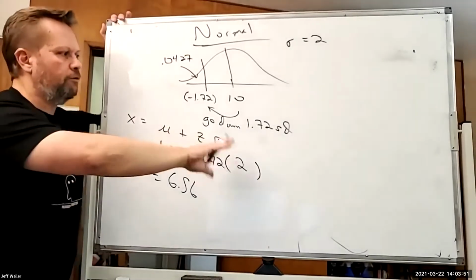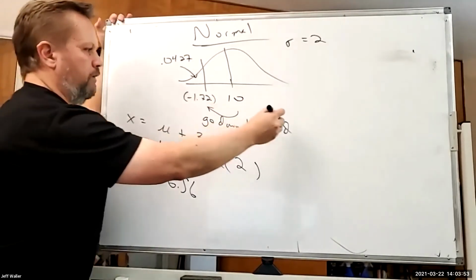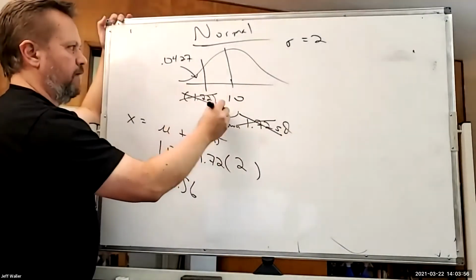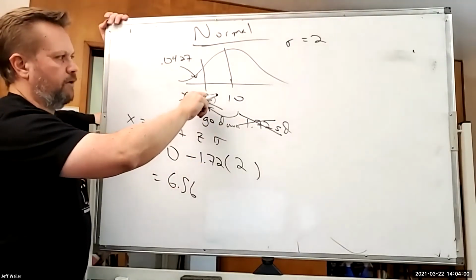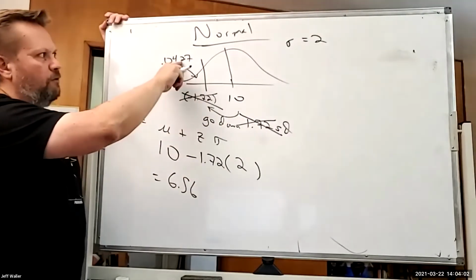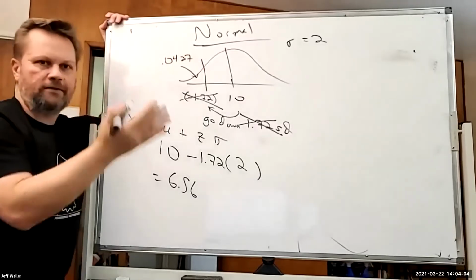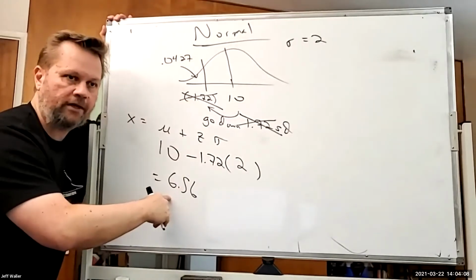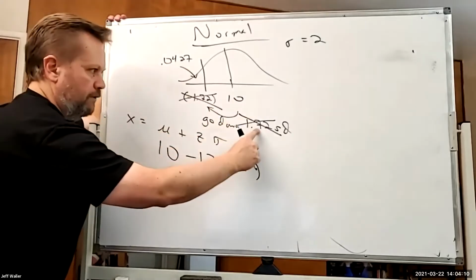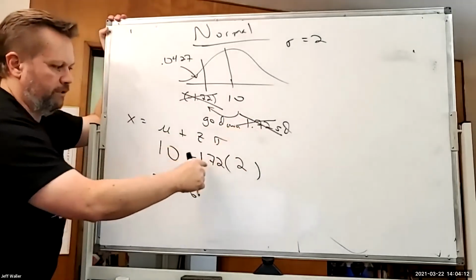So how can you reword this problem where you don't give the person this? You would say, what raw score has 4.27% below it? Do you guys see that? Wouldn't that lead to the same answer? Because it would lead to this z-score, which would lead to this answer.